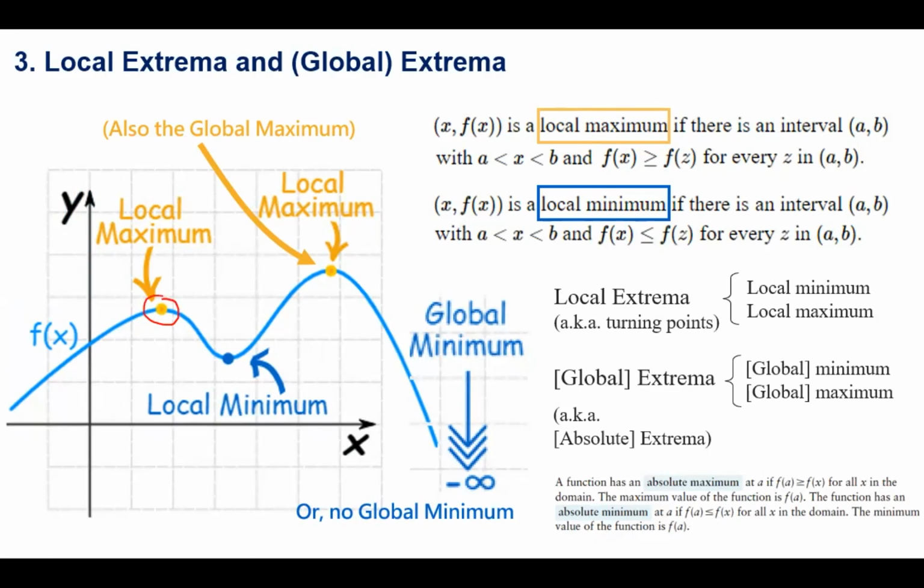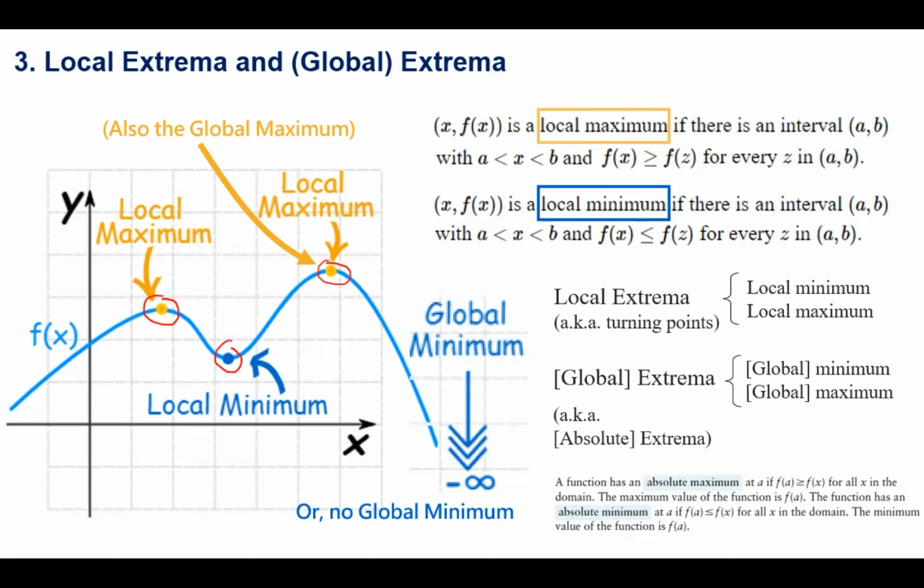Because by definition, we can see that there exists an open interval in the vicinity of this point, such that for every z in this open interval, we have f(x) greater than or equal to f(z). So this point here is called a local maximum. Also, this point here is also a local maximum. And this point here is a local minimum.